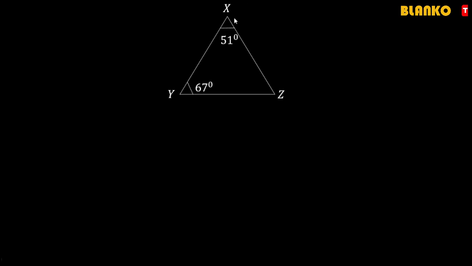So we have triangle XYZ, with the angle at Y being 67 degrees, and the angle at point X being 51 degrees. The side YZ, that is x, is equal to 15.2 centimeters.